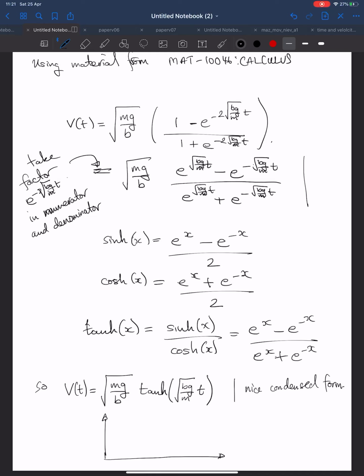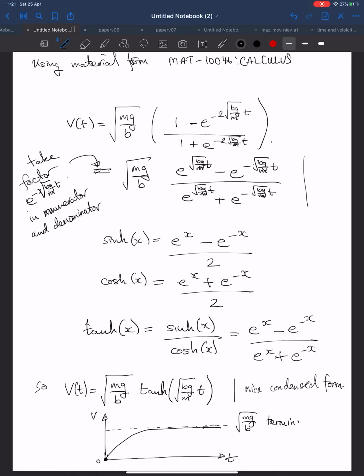If I plot the graph of this, v, there's time on the bottom. Then when t is 0, of course, tan hyperbolic is 0. And then you just get this type of curve, something like this. Probably less aggressively steep. Because this tan hyperbolic tends to 1, what you're eventually tending to is this, which is your terminal velocity.